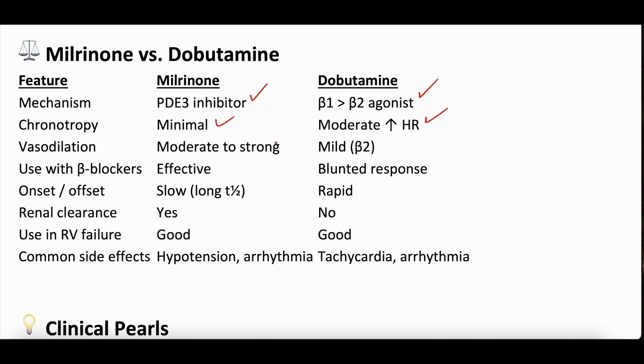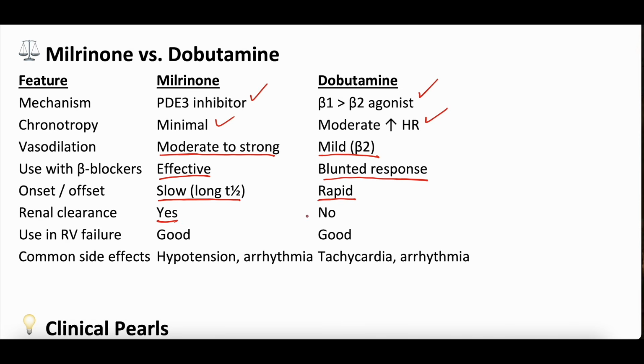Milrinone has moderate to strong vasodilatory properties, whereas Dobutamine causes less vasodilation. Milrinone is highly effective even in those on beta blockers, whereas Dobutamine has a blunted response in those on beta blockers. Milrinone tends to come on and come off a little slower, whereas Dobutamine is very rapid on and off.